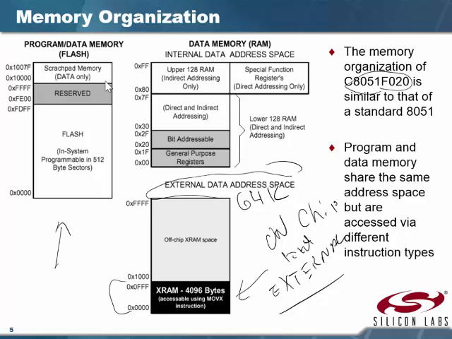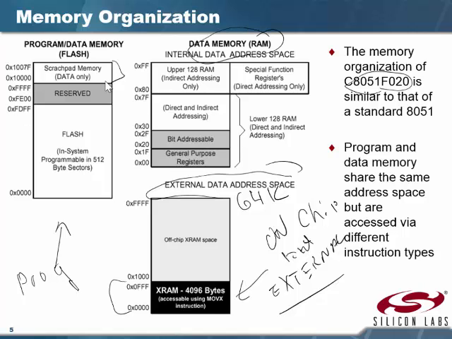That's where our code resides. Now we also have some scratch pad memory here that goes up to 7F, half of 256, 128 bytes of scratch pad memory that we can use. But this is program memory. This is our data memory.